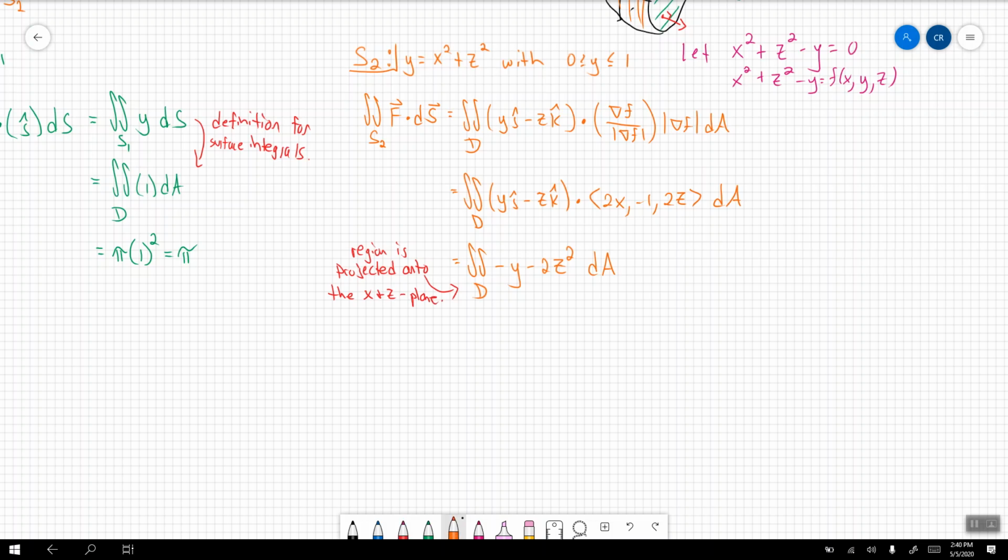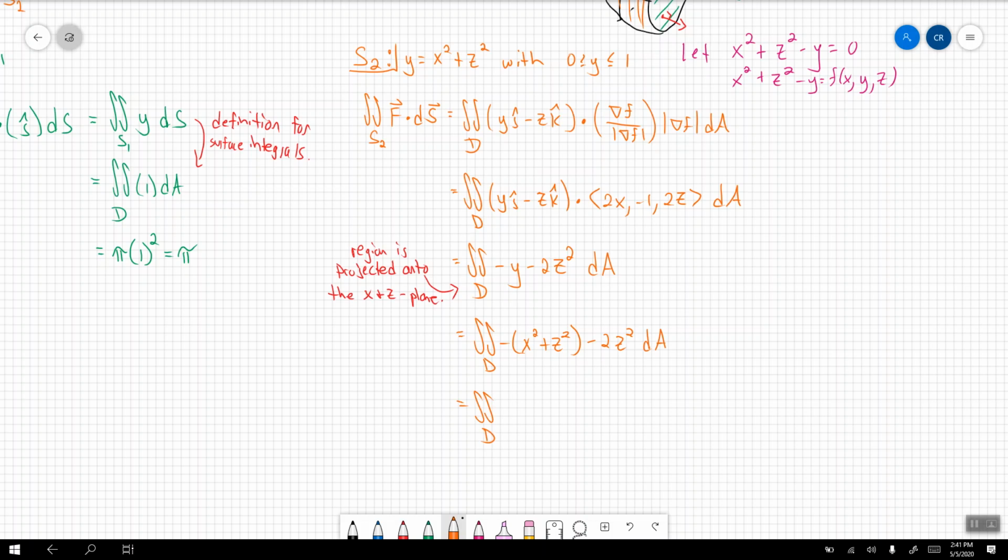Which means we have a y value there that we can't have. So I'm going to insert my y value. My y value is actually x squared plus z squared. And then I have minus 2z squared, and that's dA.